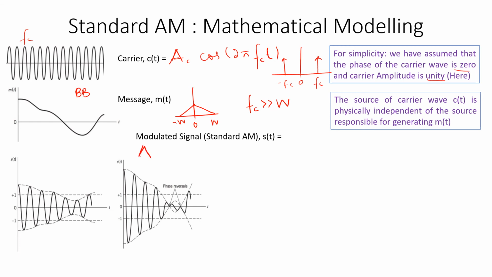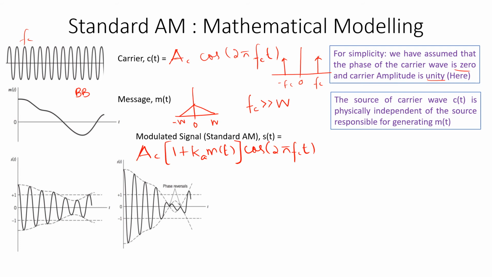It is Ac into (1 + Ka m(t)) cos 2 pi fc t. This Ka is a constant called amplitude sensitivity. We'll see what that is in detail.